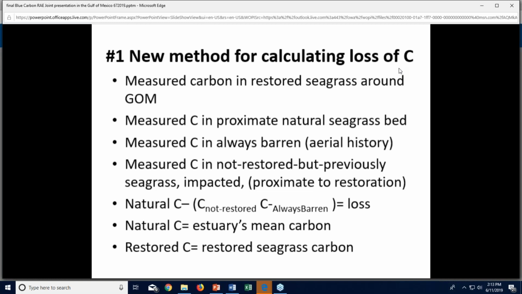We got that from aerial history, and an area that I had not restored when I did my seagrass restoration, and we found an equation which gave us loss. Of course, we had exact dates for when the seagrass was destroyed or impacted and when it was restored.